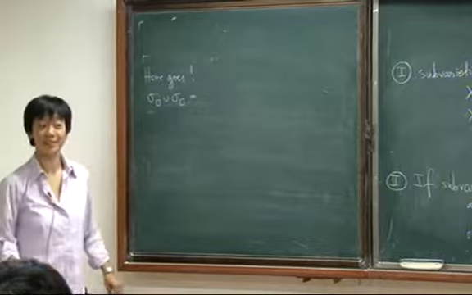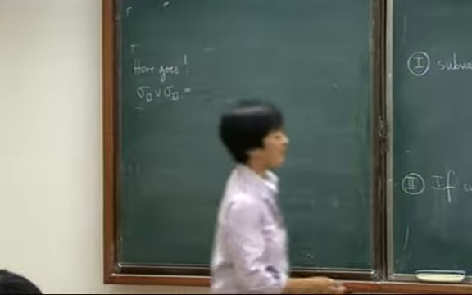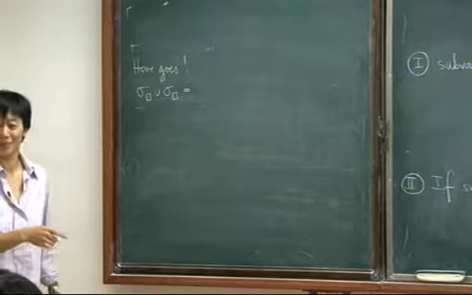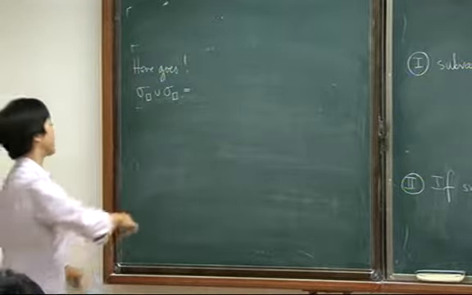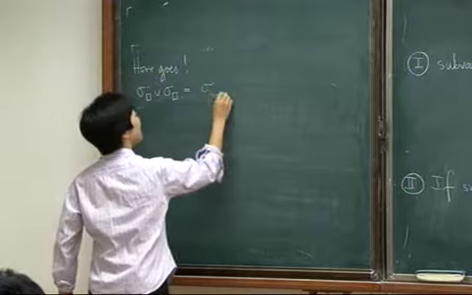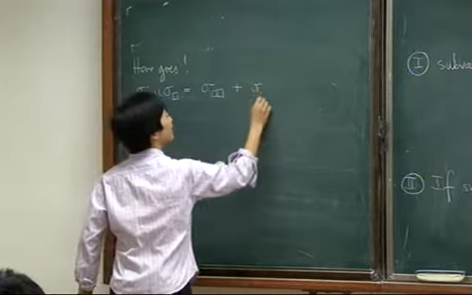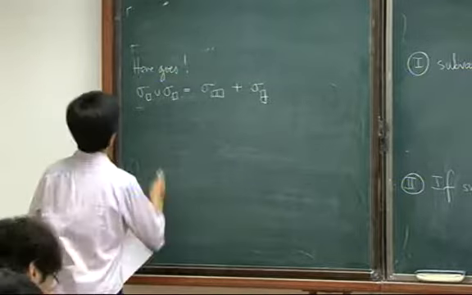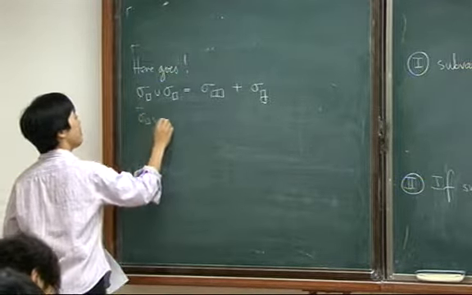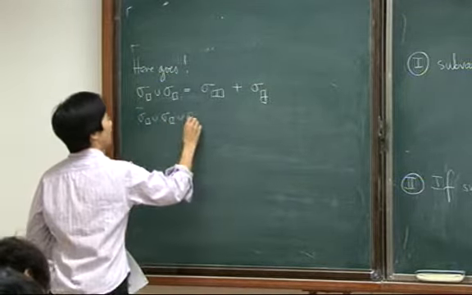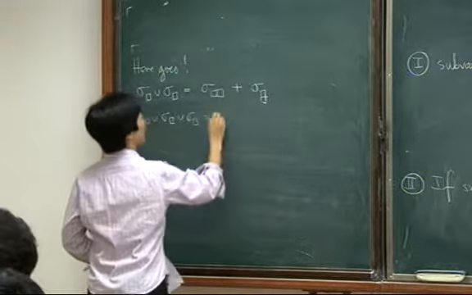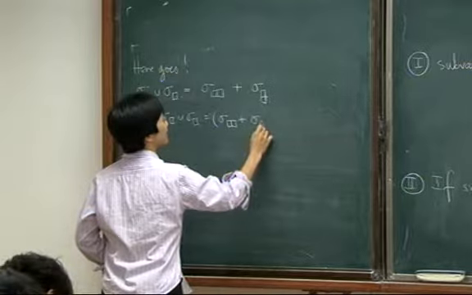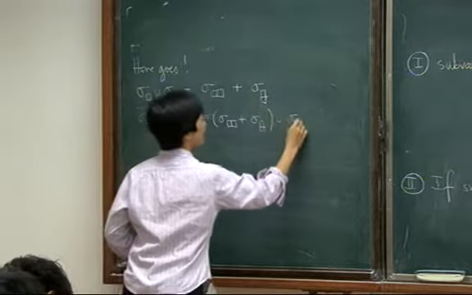So the Pieri rule says what I should do: I should use one box and add it to that. In this case they'll all fit in the 2 by 2 box, so here goes. It's this plus this. That's it. Simple enough. Now if I want to do 3, it's the 2, which we just decided is this, times this.